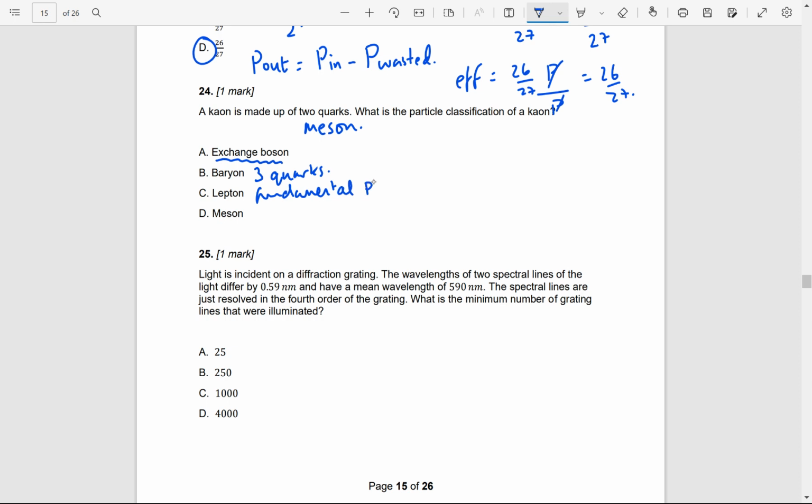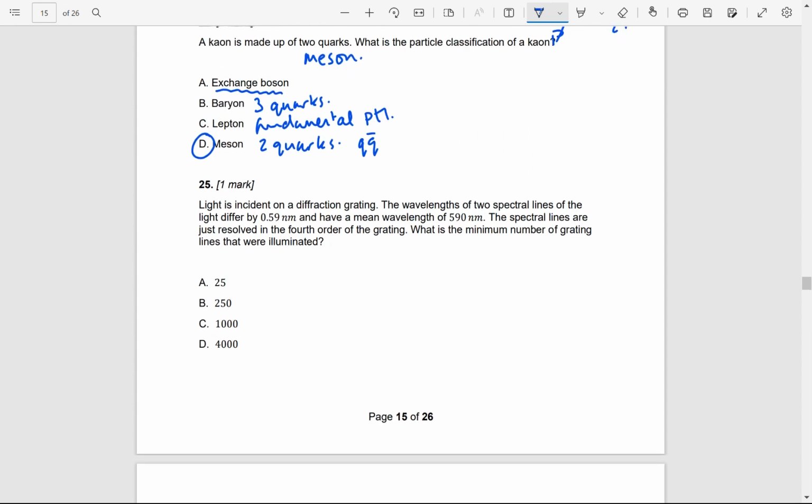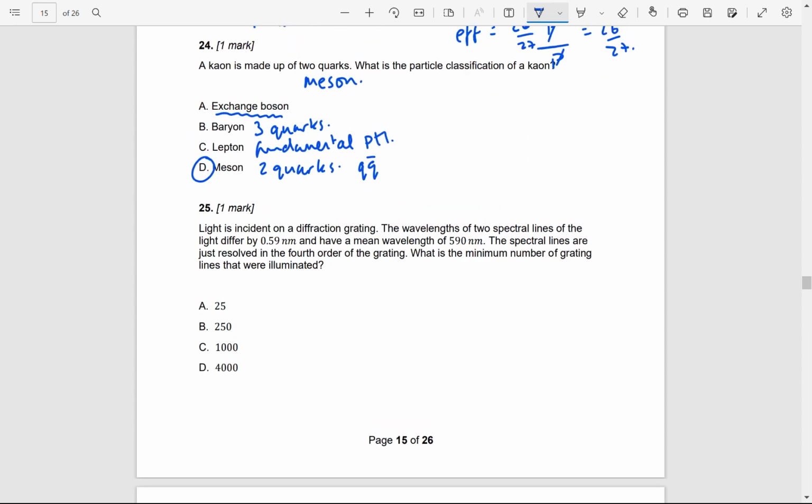A lepton is a fundamental particle, such as an electron or positron, and a meson is 2 quarks, a quark-antiquark pair. So a kaon will be a quark and an antiquark.